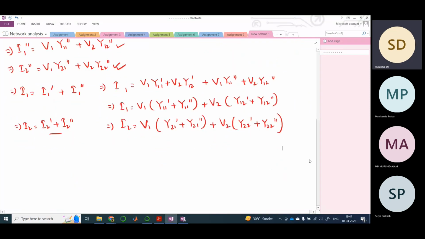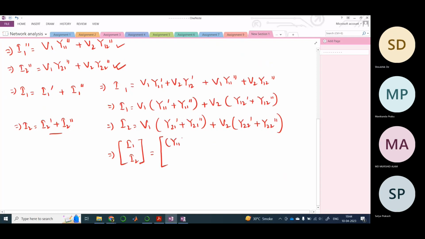So isn't this another y parameter equation? So can't we write it like this, I1 in a matrix form? Something like this basically.